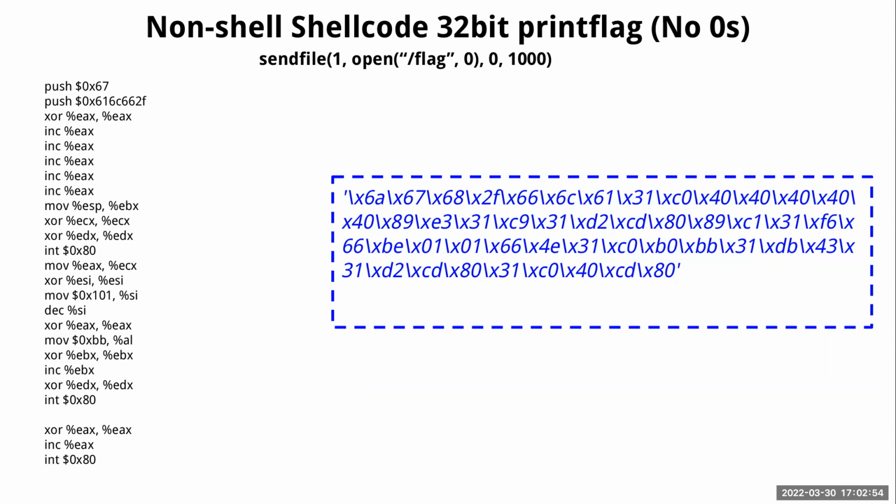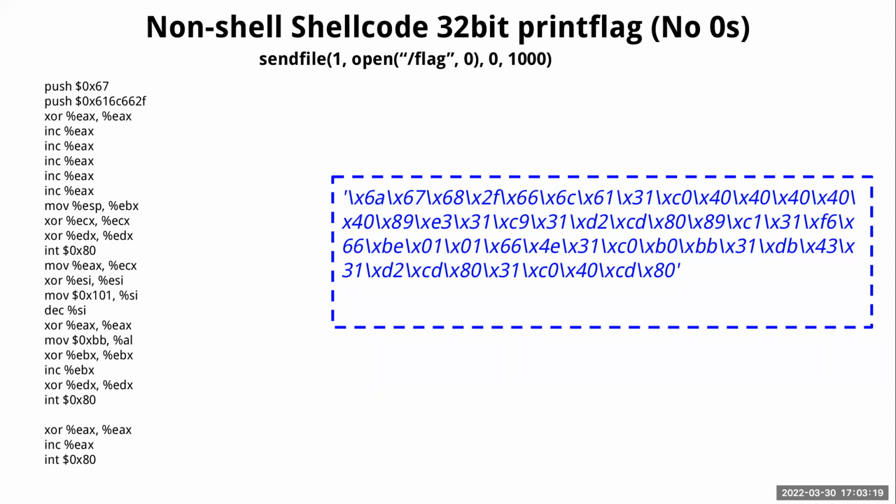In those 40 bytes, there is not a single zero byte. The reason we do that is because sometimes there are constraints. Your input cannot have a zero. For example, at a terminal, if you input using a command line argument, your input cannot have a zero. So we change this piece of shellcode to meet that requirement.